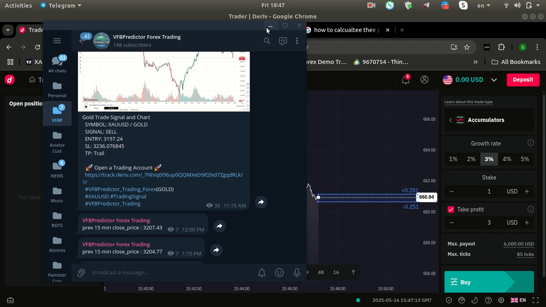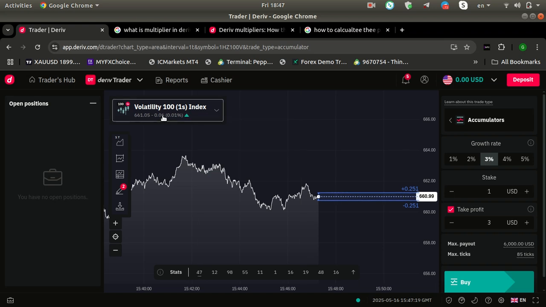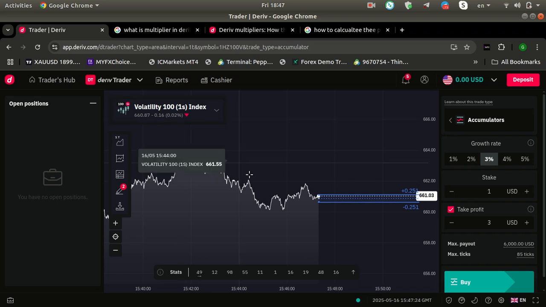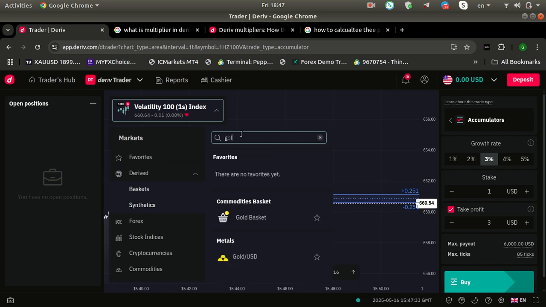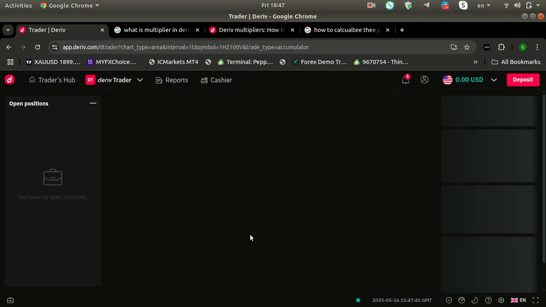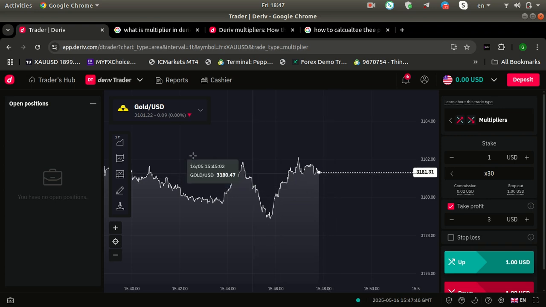So when you open your Deriv trader chart, to find the gold commodity, click on this area here and search for gold. It's under metals. Click on it and it will open the gold chart. Alright, this is the gold chart.